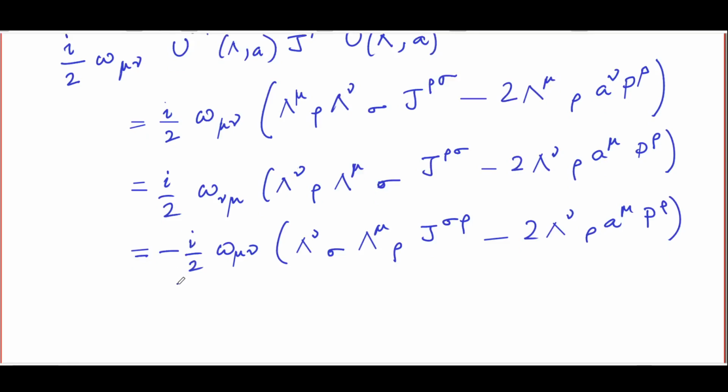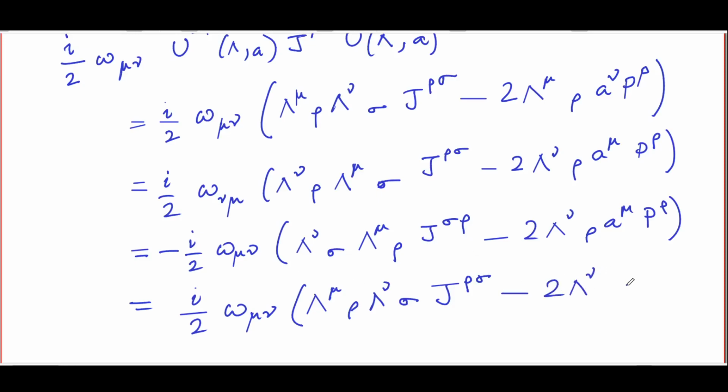Now, notice that if I absorb the minus sign inside, this expression is simply lambda mu rho lambda nu sigma. These are just numbers, so you can safely interchange them. J rho sigma, that's what the minus sign does to J sigma rho. Minus twice lambda nu rho a mu p rho.